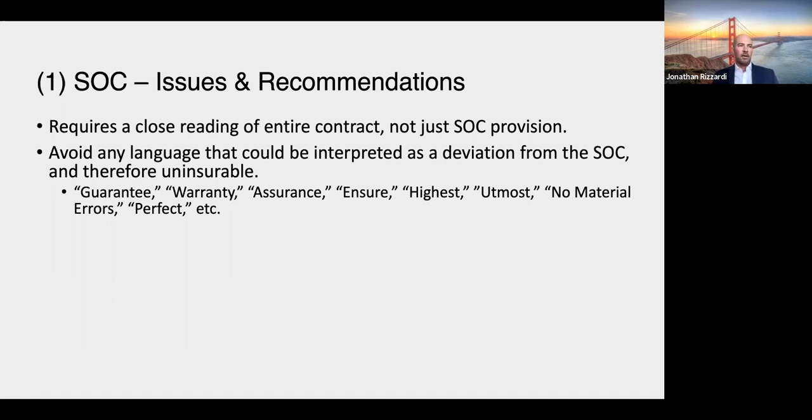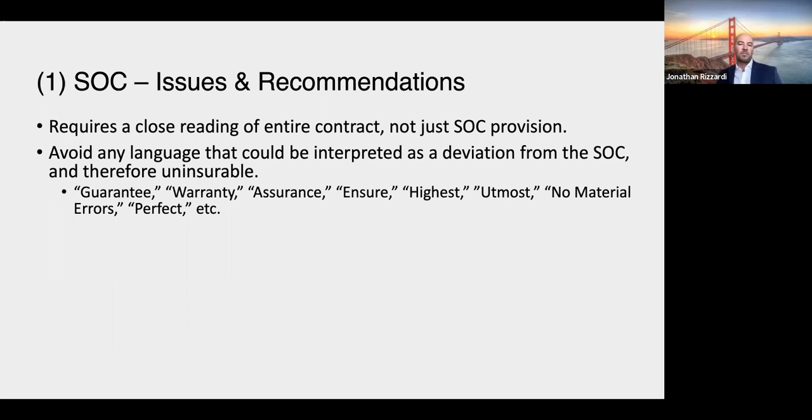For example, I've seen the owner want the architect to warrant or ensure that information provided by the owner is accurate, sort of an alteration of the right to reliance provision. That's really problematic because that's altering the standard of care.